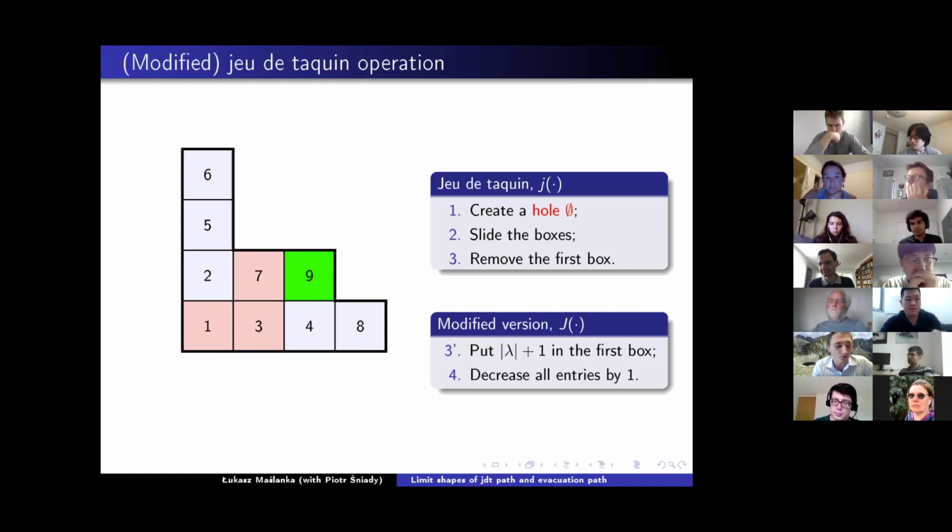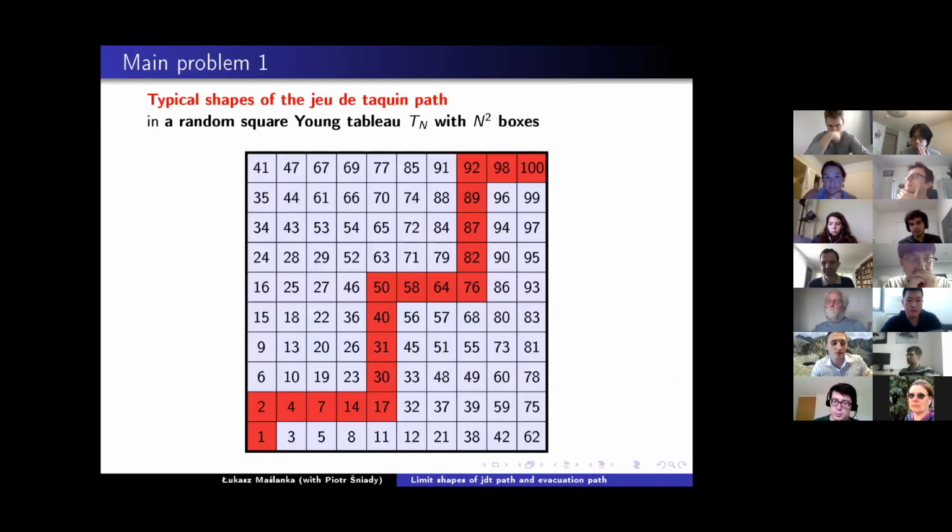Okay, the two problems which we are going to consider: first, the typical shapes of the taquin path. So we are sampling a random tableau with respect to the uniform measure over all standard Young tableaux of square shape.